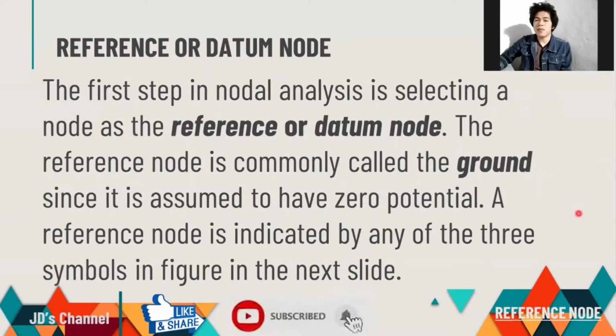The first step in nodal analysis is selecting a node as the reference or datum node. The reference node is commonly called the ground since it is assumed to have zero potential. A reference node is indicated by any of three symbols in the figure in the next slide.